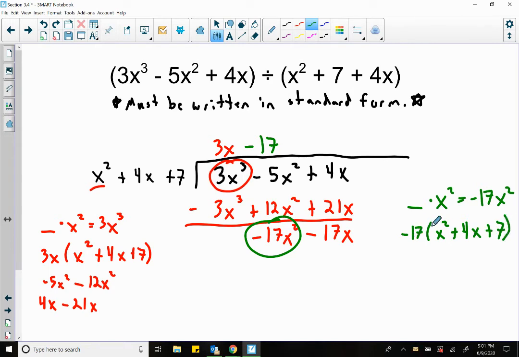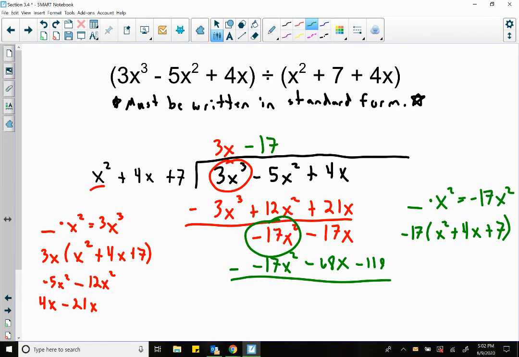So negative 17 times x squared is negative 17x squared, which we knew would happen. Negative 17 times 4 gives us negative 68x. And negative 17 times 7 gives us negative 119. And again, all we're going to do is subtract down.